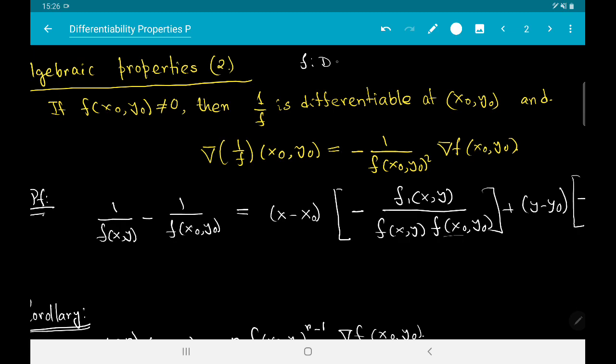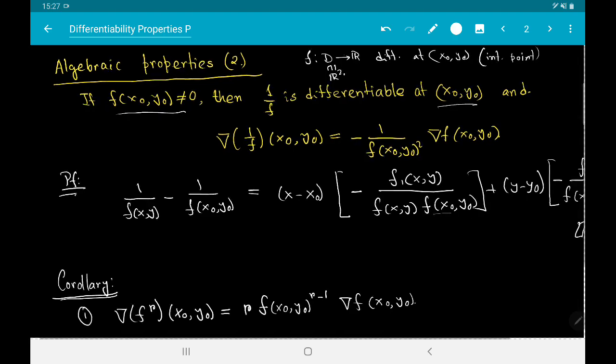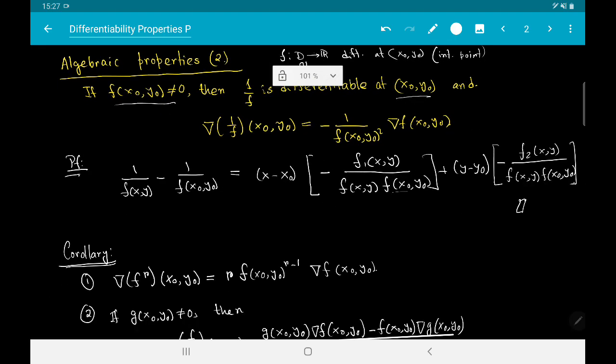F is a function from D to R that is differentiable at x0 y0, x0 y0 is an interior point, and of course D is a subset of R2. If f does not vanish at x0 y0, then we claim that 1 by f is differentiable at x0 y0, like we have always seen while talking about algebraic properties of limits, continuity, etc.